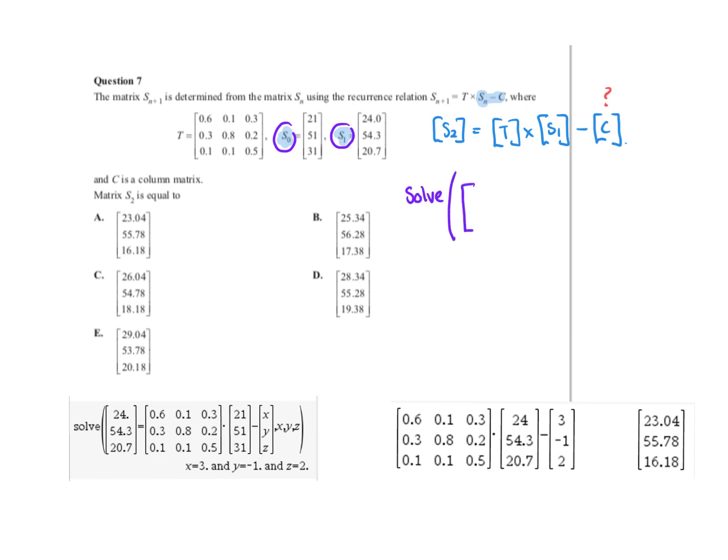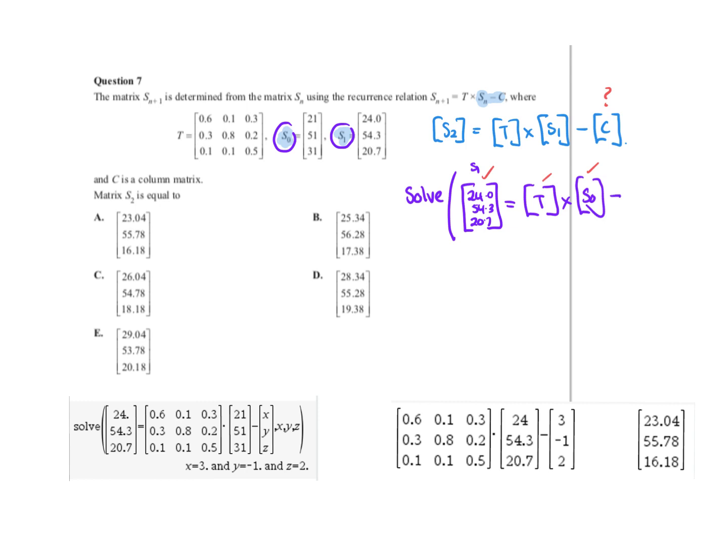So here I write S1: 24.0, 54.3, and 20.7. So that was S1. Now I found that by going the transition times the one before, which is S0. So we've got these. I'm not going to write them all out. So we have this one, we have this one, we have this one. We just don't have this C.